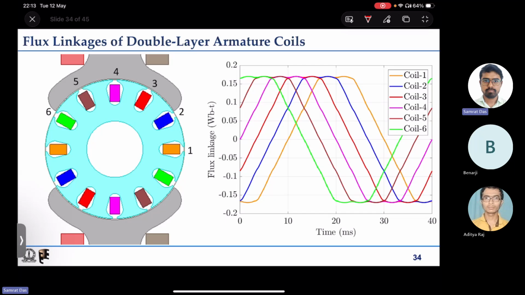I'll just discuss how the flux linkages for the double layer armature coils will be. Actually they will be of no difference compared to the single layer case, because for the double layer case the only difference is that the entire single layer coil is being divided into two portions, that's all.